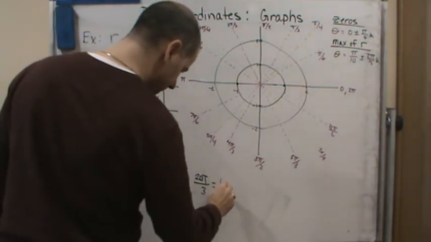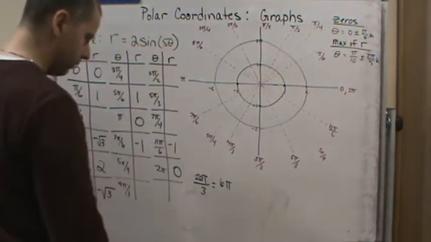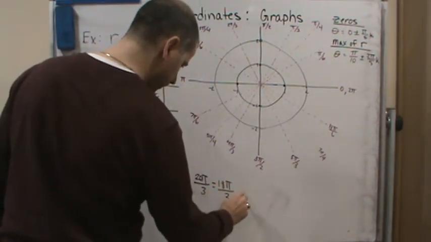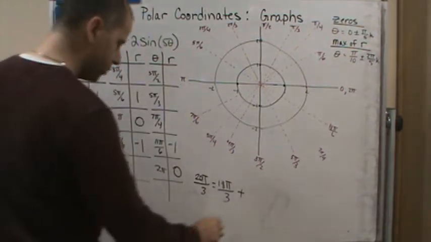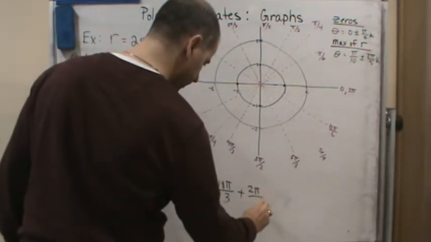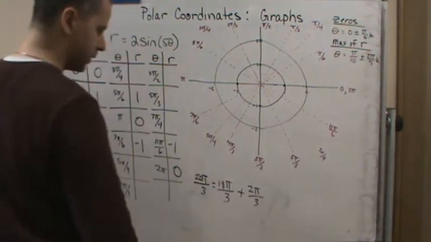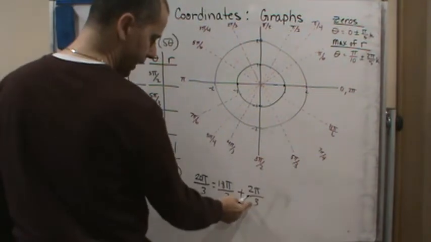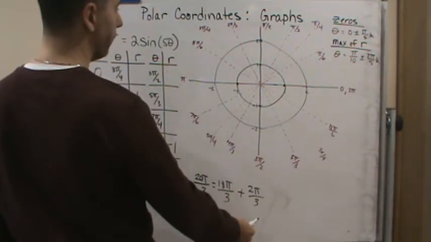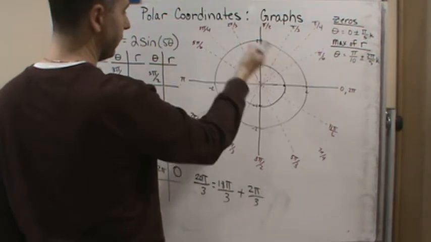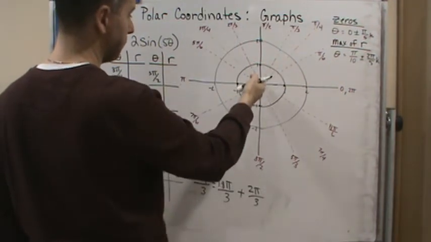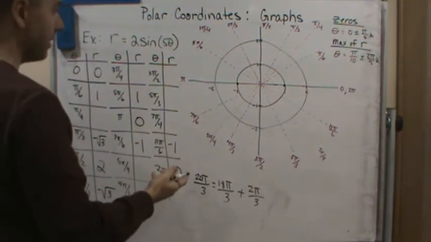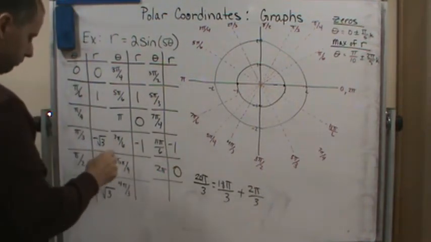So 6 pi, or 18 pi over 3, plus 2 pi over 3. This is equal to 6 pi, which is basically 3 revolutions. So I end up on 2 pi over 3. Well, 2 pi over 3 is right here. So that's going to be positive. It's 60 degrees. And so that's going to give me a positive square root of 3.